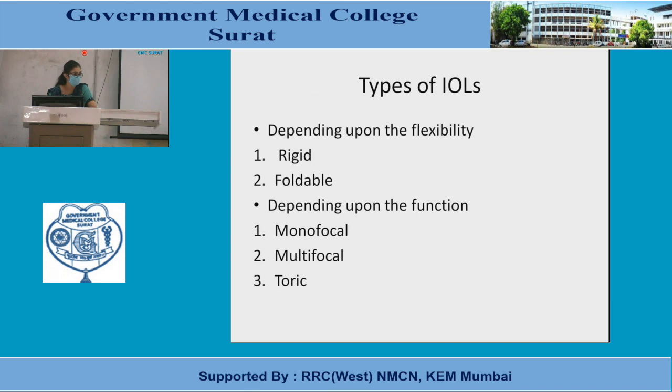Foldable means, if you are talking about an incision of say 2.5 or 3 millimeters and you have a lens optic which is around 6.5, unless it folds upon itself, you will have to extend your incision while putting in an IOL. That is not a good thing. So whenever you are talking about phacoemulsification or laser assisted cataract surgery, a foldable lens is a prerequisite. Otherwise there is no joy in doing a small incision surgery by phaco or laser, right?